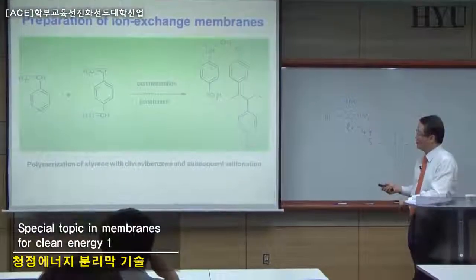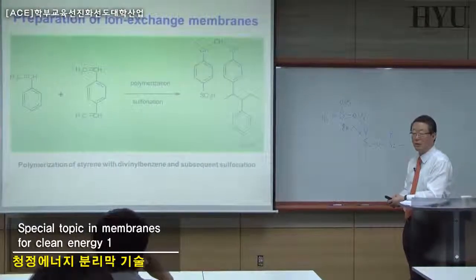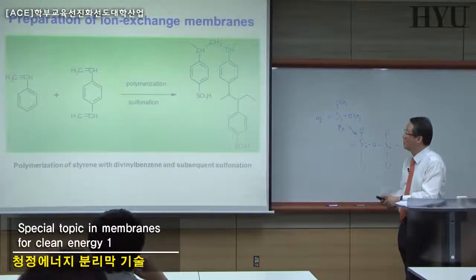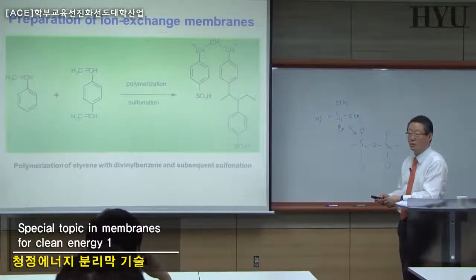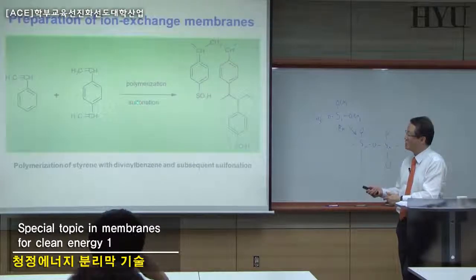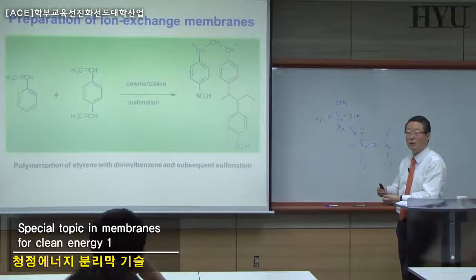If you put the sulfonic acid group in this cross-linked polystyrene structure, it will be much more swollen in water. Whereas if you do not have any sulfonic acid groups, it's not swollen because most of it is hydrophobic. After sulfonation, you have a swollen structure.